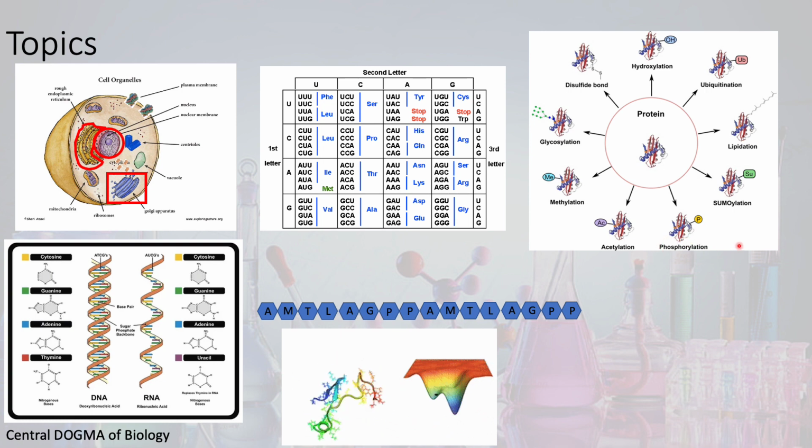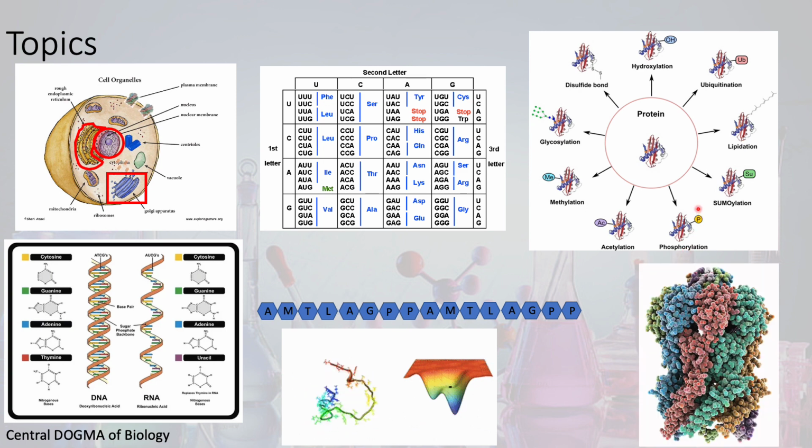So adding a phosphoryl group to a protein is an example of a post-translational modification that can inactivate or activate specific enzymes.